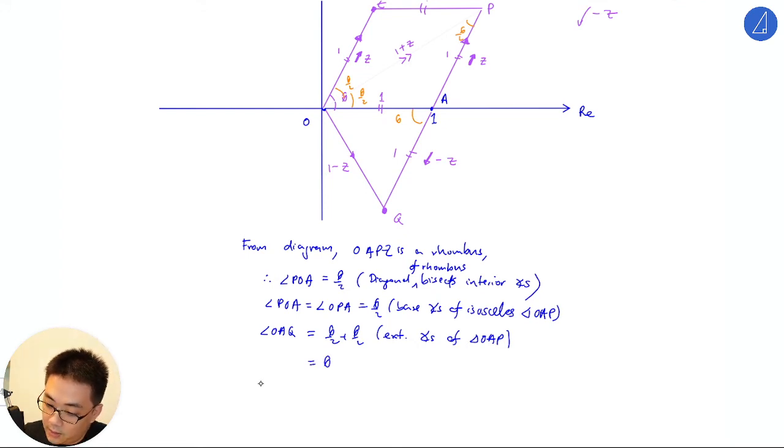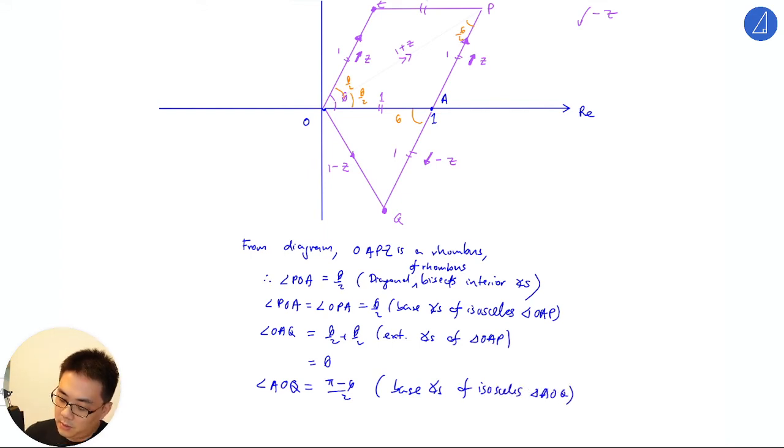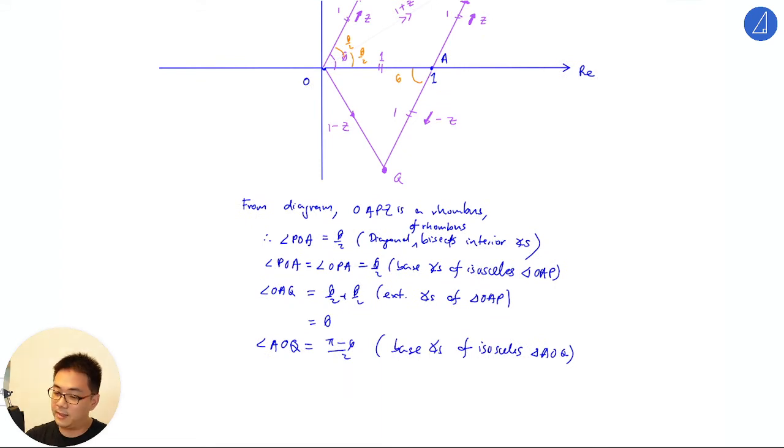Same thing. The angle of AOQ is just 180, which is pi minus theta divided by 2, which is also the base angles of isosceles triangle AOQ. Okay, so this would serve as pi minus theta over 2.